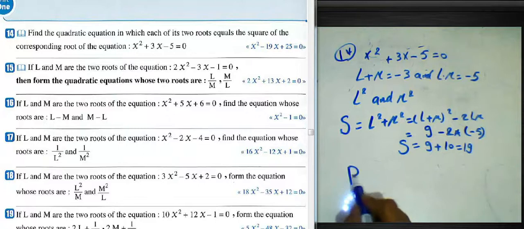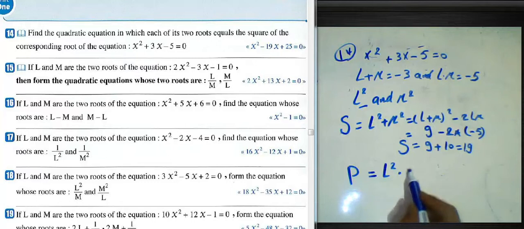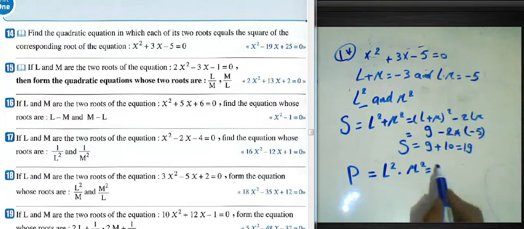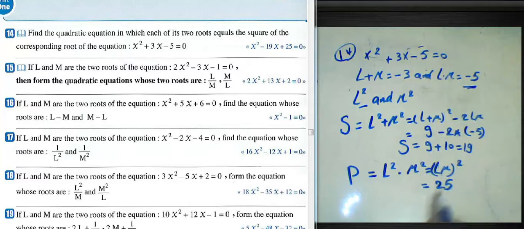The product is L power 2 multiply M power 2, so the result will be (LM) power 2. L multiply M equals negative 5. Negative 5 to power 2 equals 25.